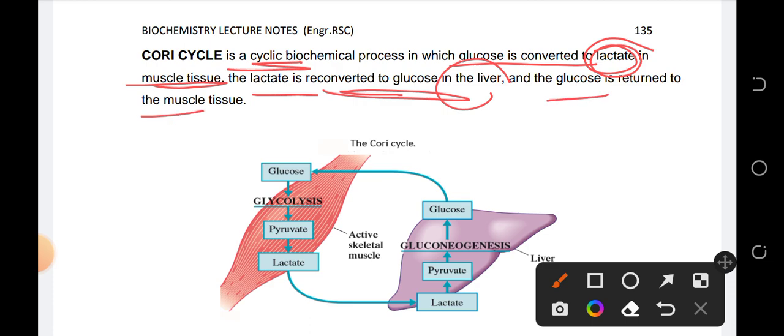So cycle nga. So the Cori cycle, we have the glucose in the active skeletal muscle, so it will undergo glycolysis. Of course, we know that the product of glycolysis is pyruvate, and one of the fates of pyruvate is the formation of lactate. Okay, so pag na-store na yung lactate, so kapag depleted na naman ang ating glucose, pero kailangan natin ng glucose.